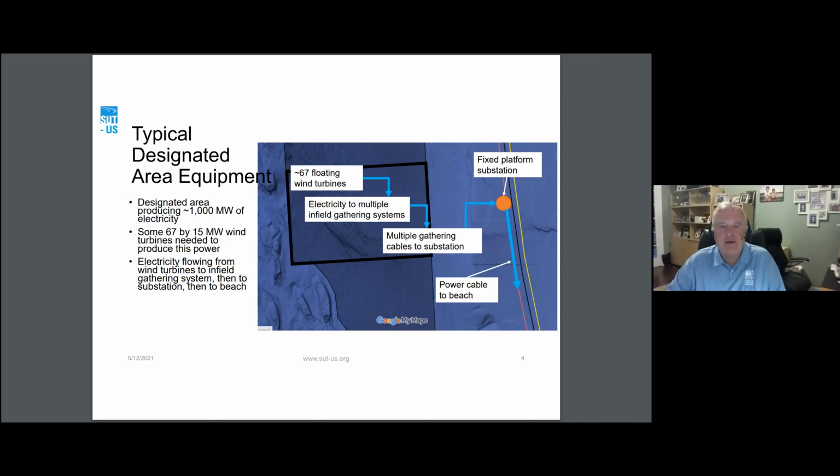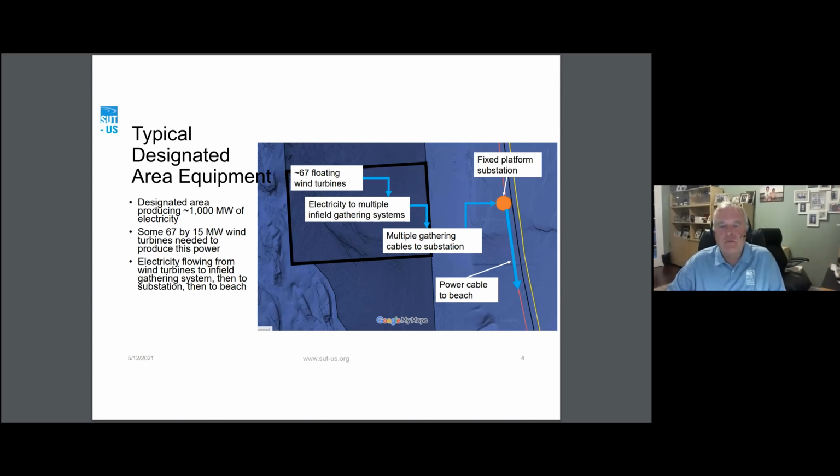So we're going to be having, in my view, multiple infield gathering systems for the electricity, which then means multiple cables. If we have, for example, 67 turbines and power cables flowing into the substation, that's going to be a right mess on the seabed, and no one's going to be wanting to consider that.